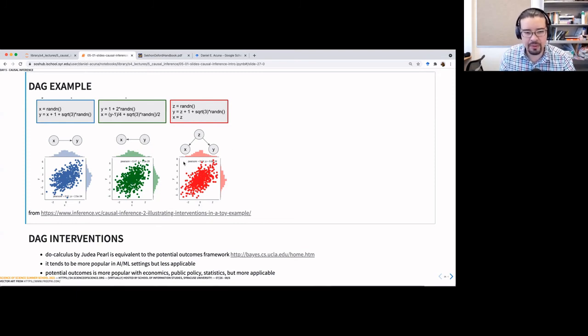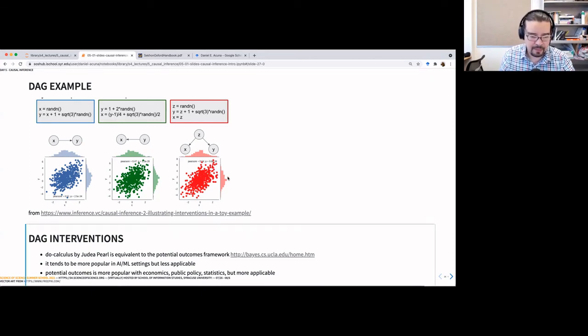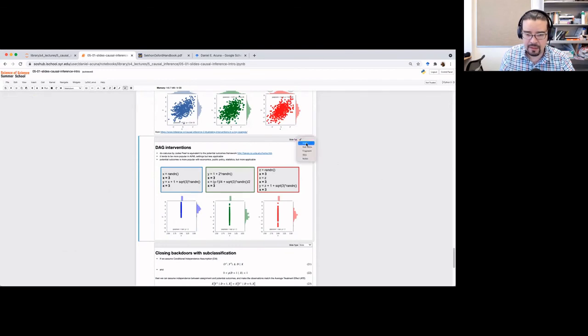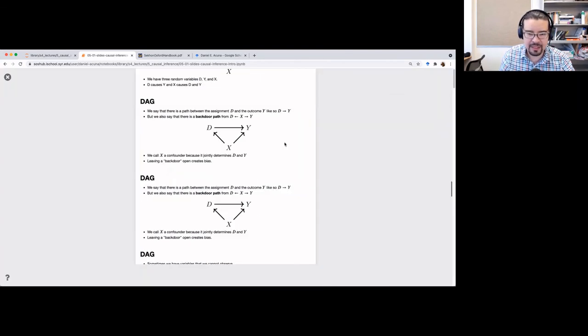And in the third example, we have a confounding effect: a variable that is affecting both the input and output, or the treatment and the effect. For some reason, this is not displaying correctly, so I'll fix it in real time here.